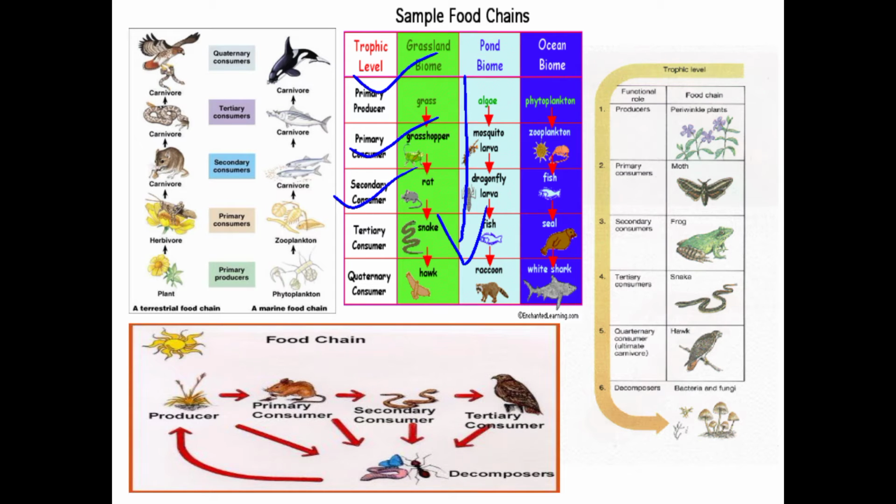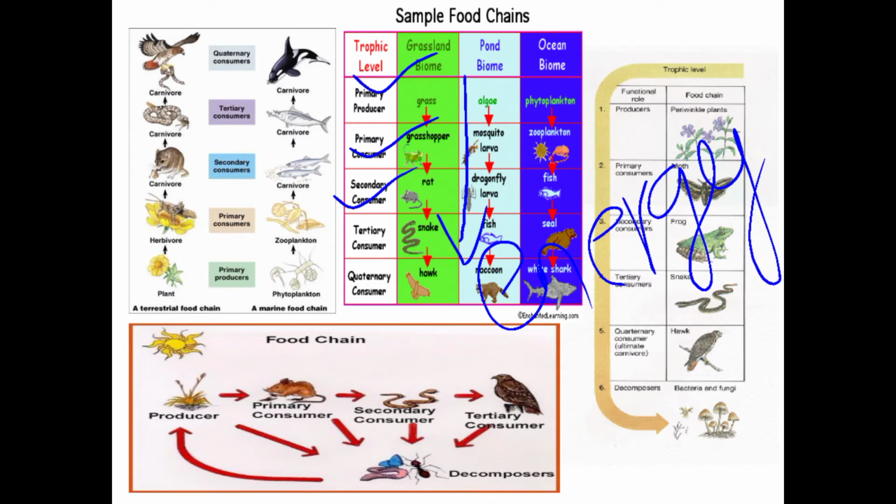When the food is getting transferred from one trophic level to another, what about the energy? Does the energy remain the same in all the trophic levels? The grass gets energy from the sunlight, preparing food by photosynthesis, right?